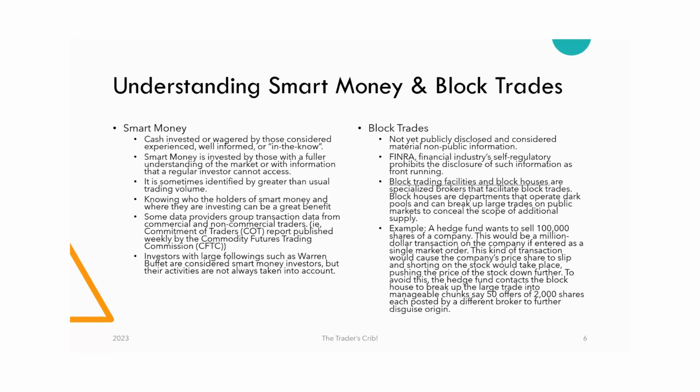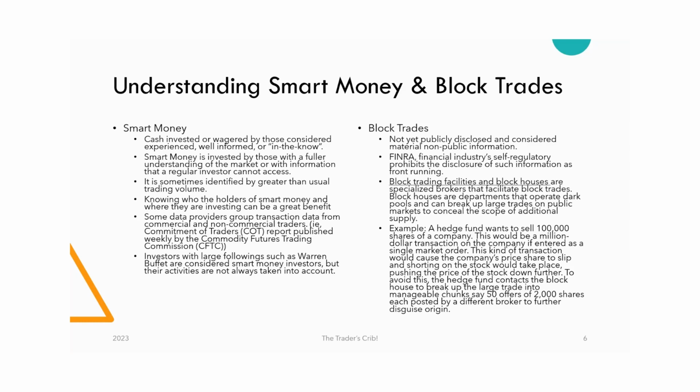Block trading is facilitated by block houses, the specialized brokers that were mentioned at the beginning of the presentation. These are the brokers actually facilitating and executing those block trades on behalf of the institutions.